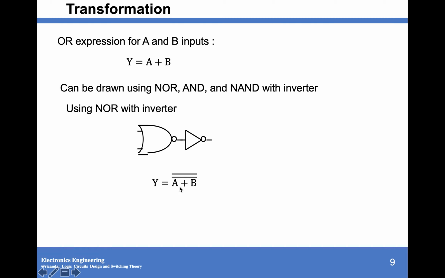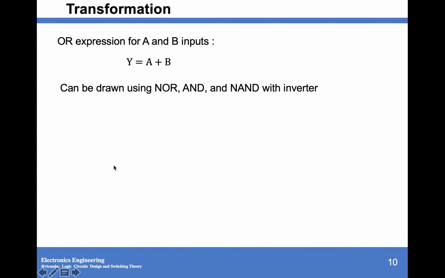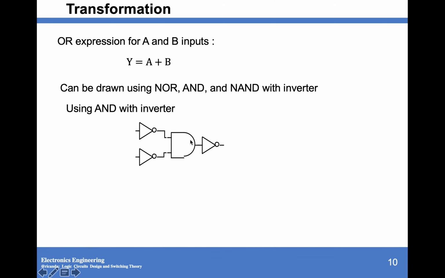So we have A plus B with a double bar, and using the double negative, it is now equivalent to your OR expression. So with this circuit. And if we use an AND with inverter, we have an AND connected with an inverter and the two inputs with inverters.